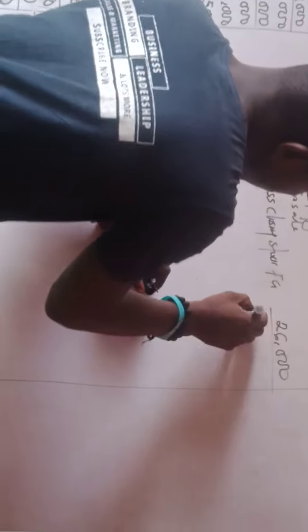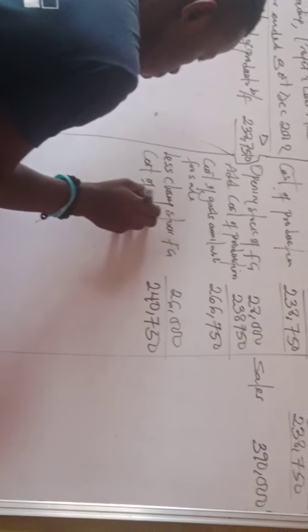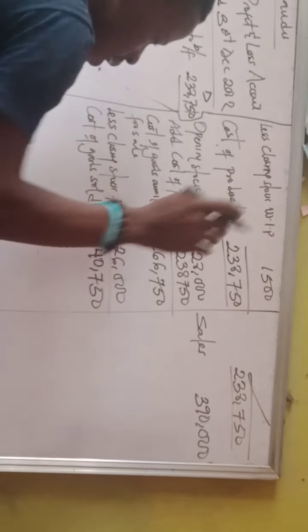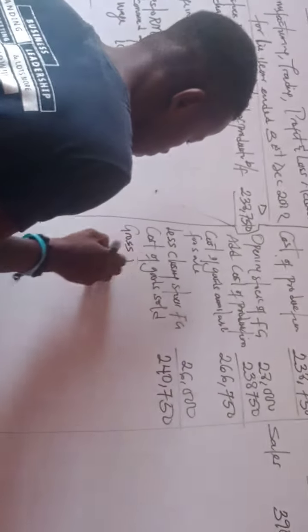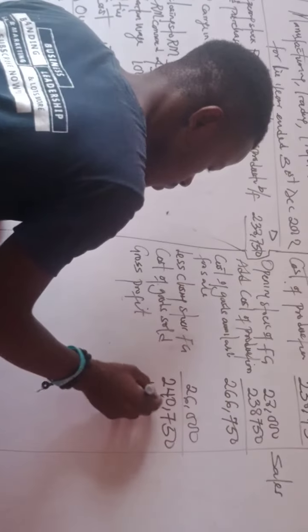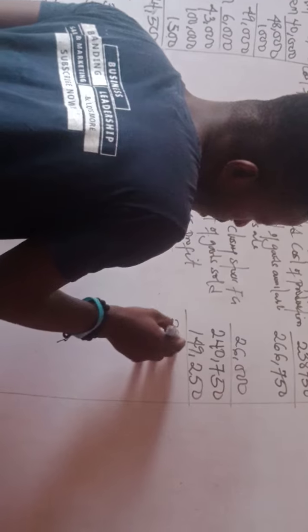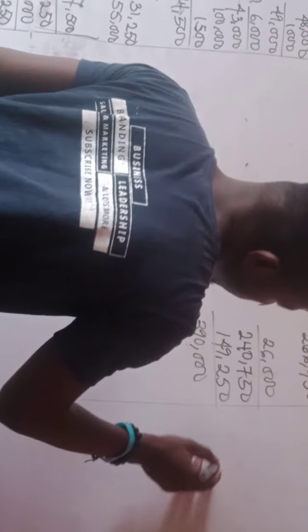So there's the figure, 240,750. Now your cost of goods sold. So less it from your sales, and you have our gross profit, 149,250.